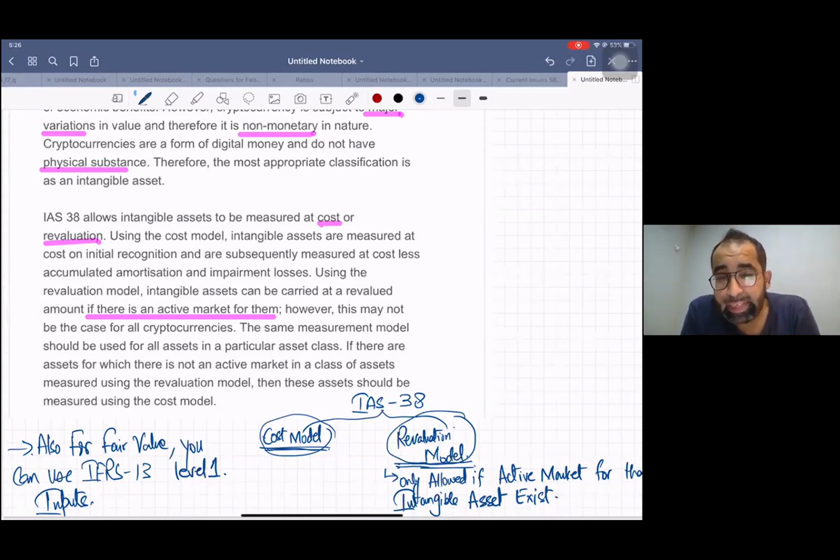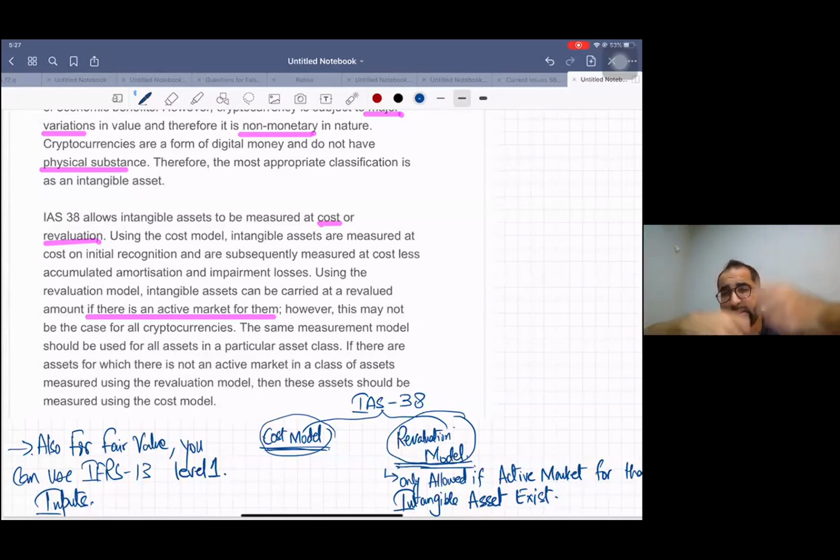In IAS 38 it is written very clearly that we can apply the revaluation model only on those intangible assets whose active market exists.